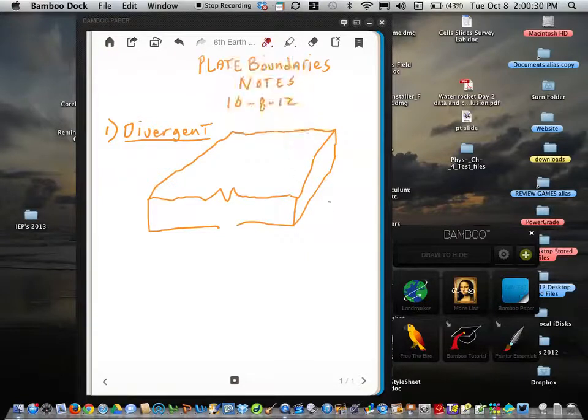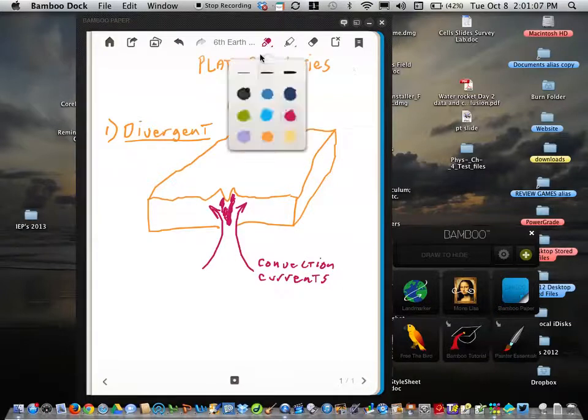And generally we find these boundaries where there is magma from the mantle that is rising up in convection currents, and those convection currents form an area where magma comes up and pushes two plates apart.